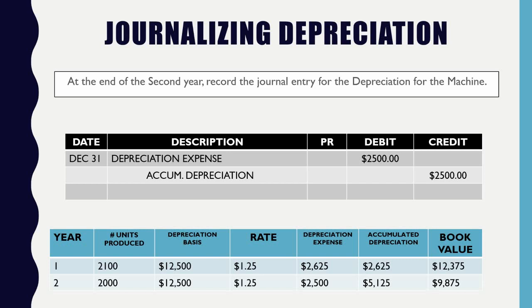So when we look into ledgers, since you tapped into the ledger twice, first for $2,625, then again for another $2,500, your grand total in accumulated depreciation is going to be $5,125. But in this case, this is the journal. We're recording our transaction at the time of the transaction. We're not looking at ledgers. We're looking at what happened and what occurred. So in this case, we just did depreciation expense for the $2,500. Okay?